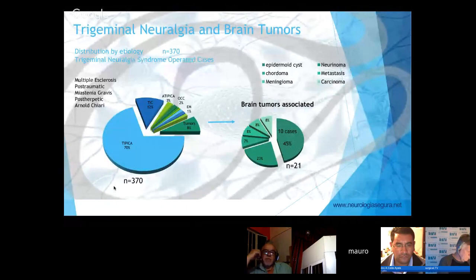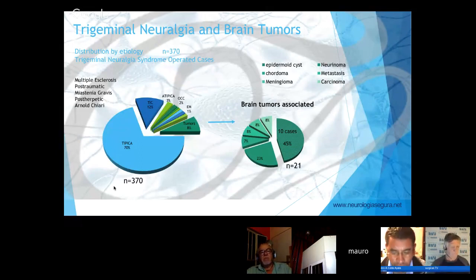Most of the patients come to us with facial pain, and we don't know what has happened inside. Besides that, we have to do a clinical exploration and interrogation, and the most important is always to review the MRI face-to-face with the radiologist, especially the 3D volumetric sequence.